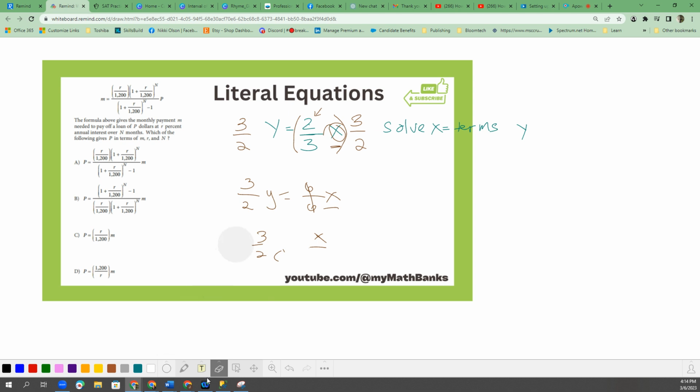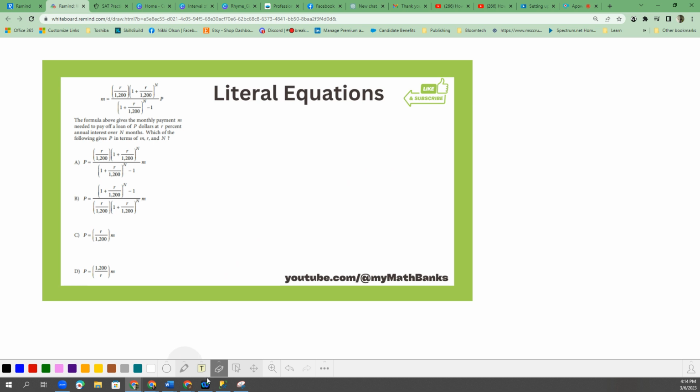All right, let's try something like this first. If I say D equals negative 1/6 M, and I want to solve for M in terms of D. Therefore, I want this to be a positive M. Since this is negative, I need to multiply by another negative number, the reciprocal of that, 6 over 1.